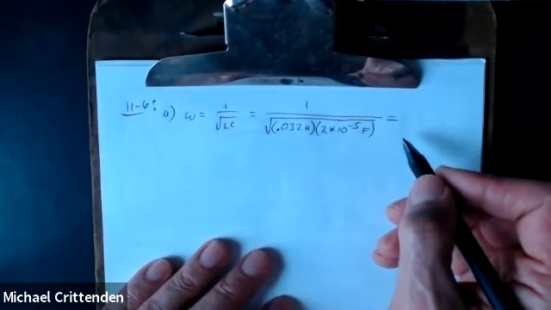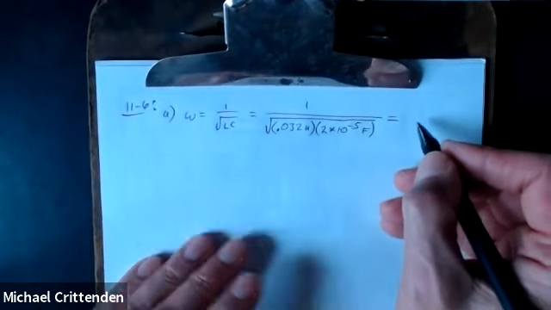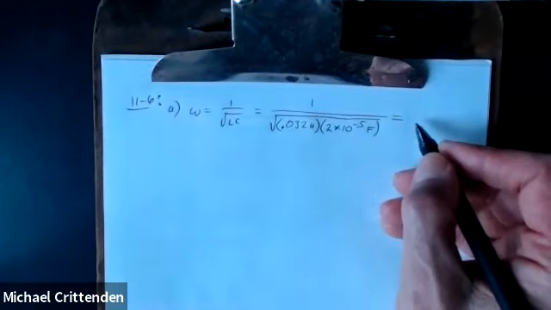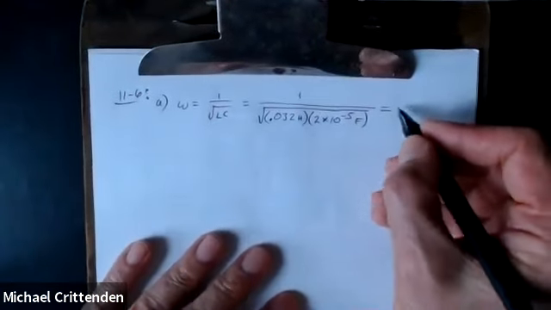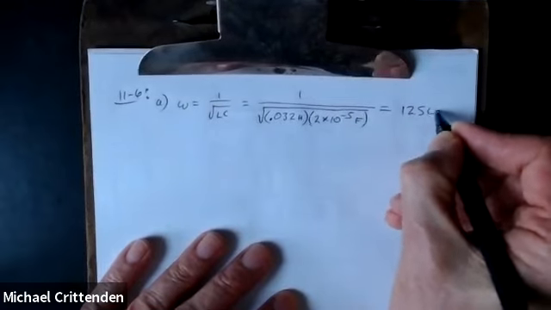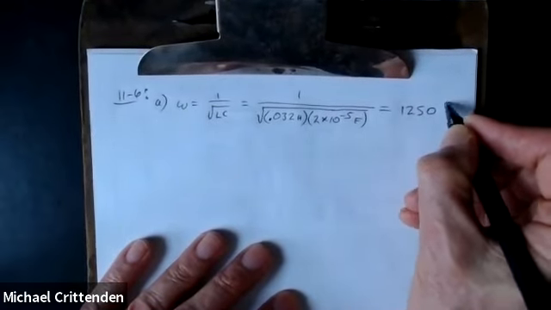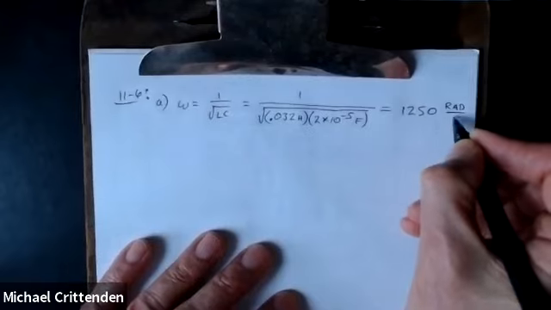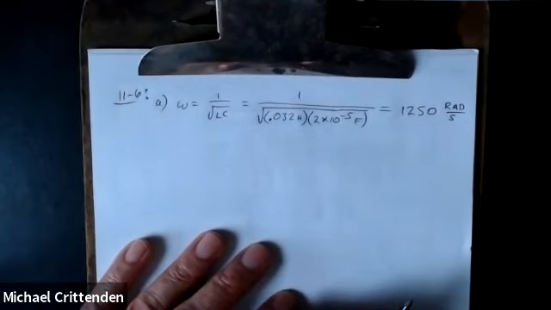Calculate, and I'm going to write this down because I'm going to need omega again in a later step. So there's the so-called angular frequency, the frequency in radians per second.